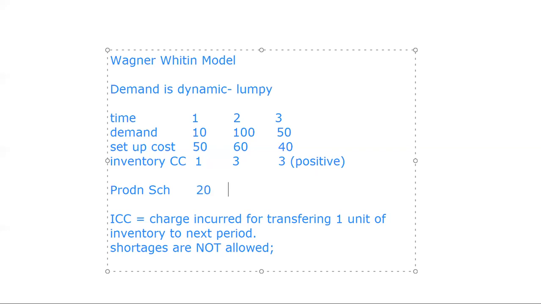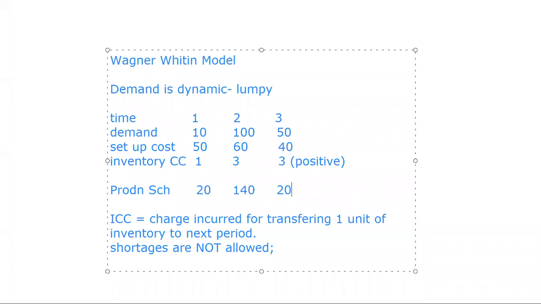Then I produce 140 here. And then I produce 20 here.